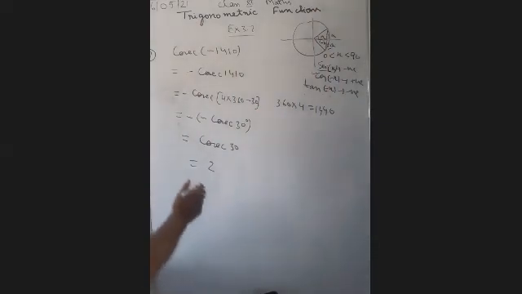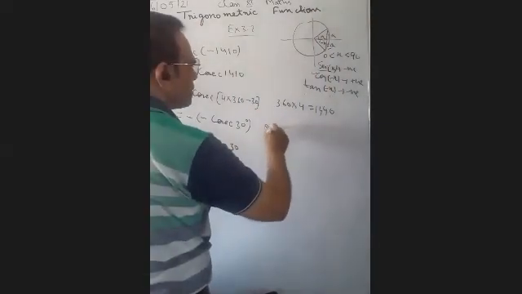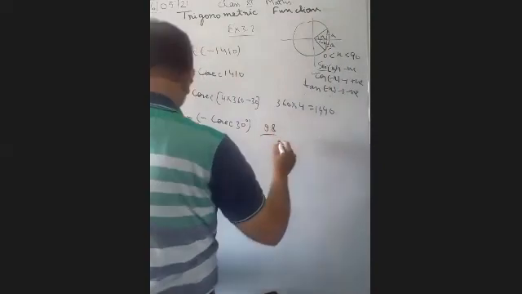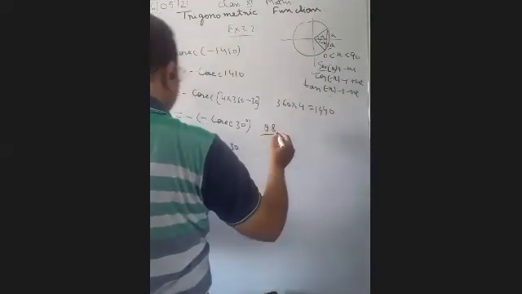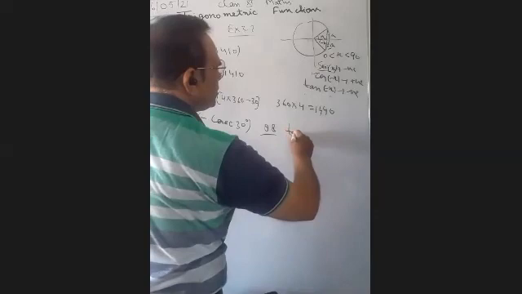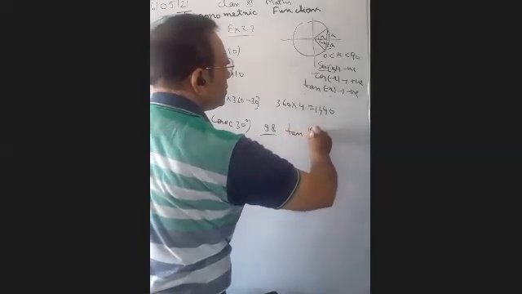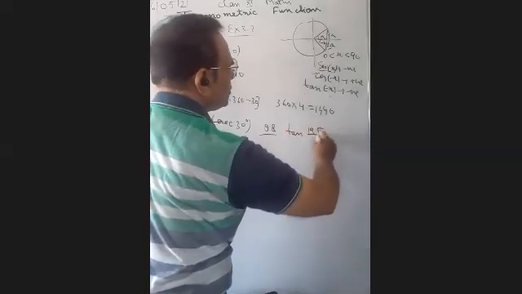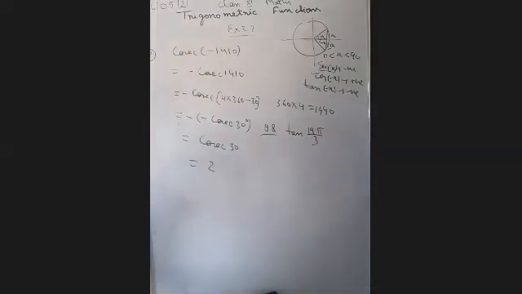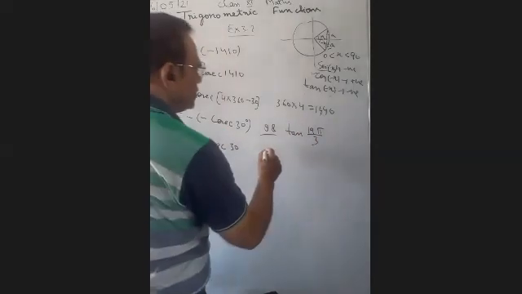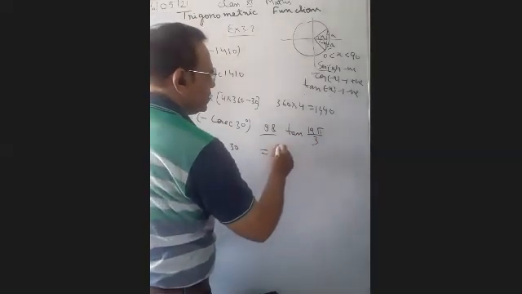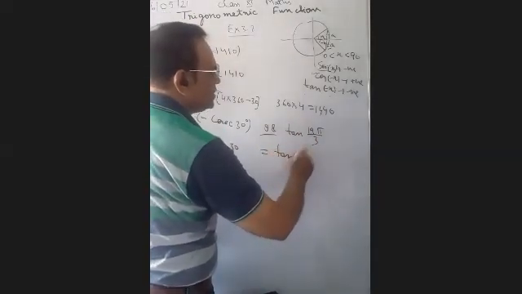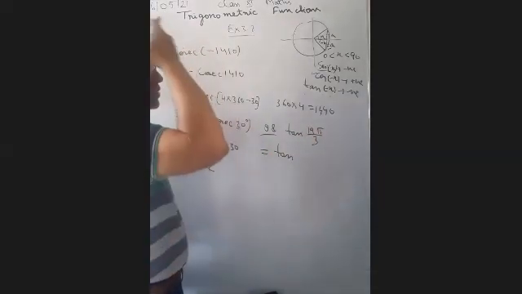Question number 8. Tan 19 pi upon 3. So how can we write 19 pi upon 3? They have given it in radian.